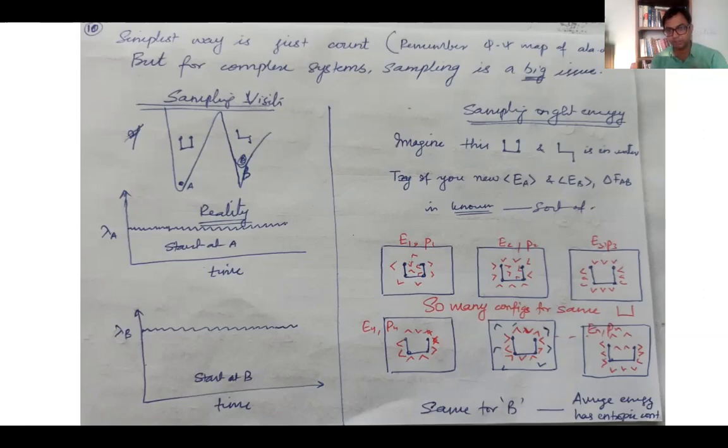And you can know that the overall energy of the system, or the energies that you are concerned about, would be actually quite different in the cases. And then you would like to sample the right populations of all the different configurations for the same conformation of the protein.